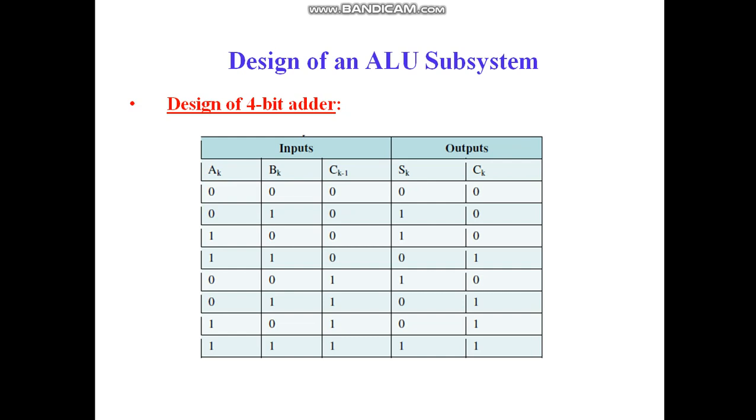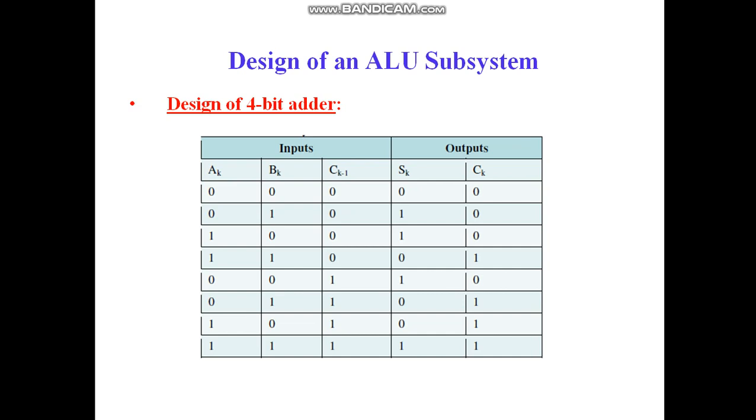Now in the truth table, you can see that when AK and BK are same, then SK is same as CK minus 1. Here you can see AK and BK are 0, SK is 0, CK minus 1 is also 0. Then the next combination, when AK and BK are both 1, SK is 0, SK is same as CK minus 1, which is equal to 0.